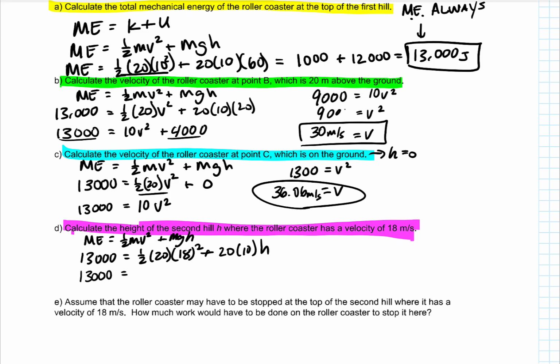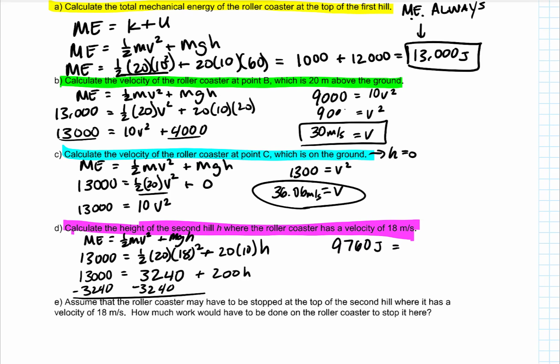13,000 is equal to the kinetic energy, 3,240 joules plus 200h. We're going to subtract 3,240 from both sides. And so I get the potential energy is equal to 9,760 joules.